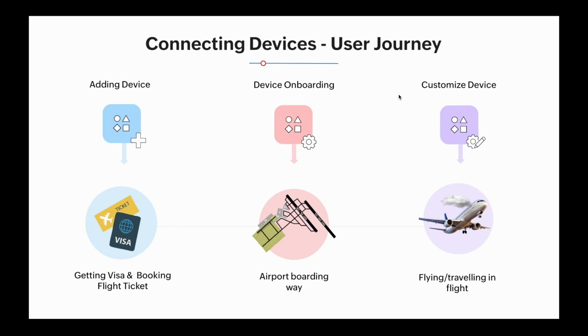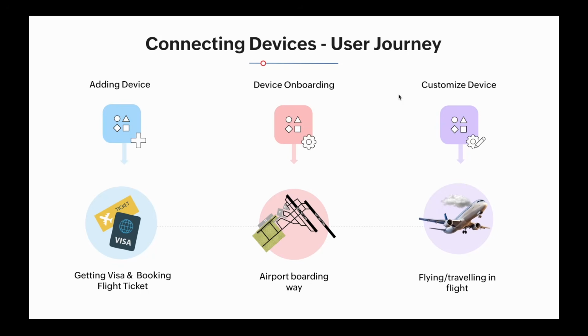When we talk about connecting these devices in this IoT world, it may sound very technical, but actually it is quite similar to something we do often, which is taking a flight. Adding a device is similar to getting a visa or booking a flight ticket, where your device gets an identity, gets registered, and is ready for the journey.